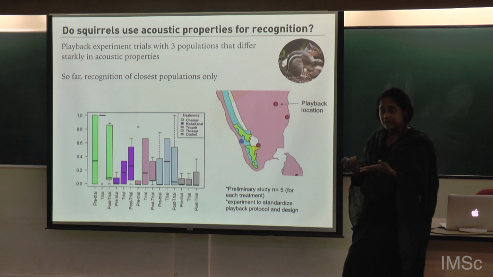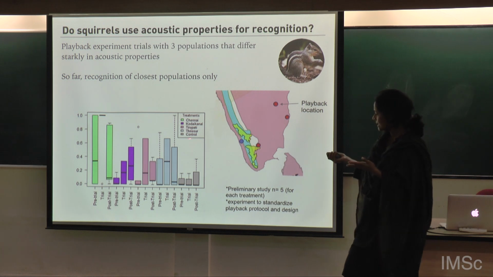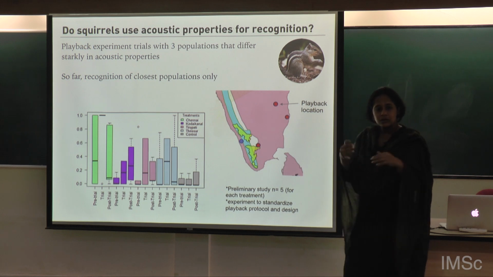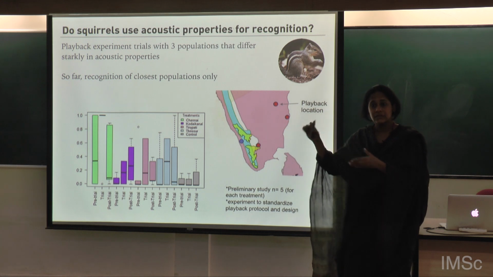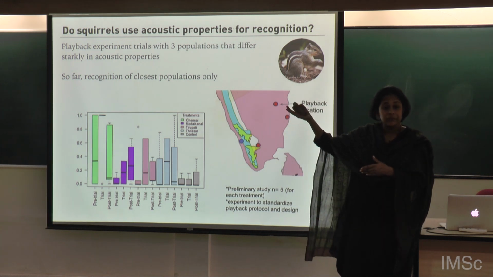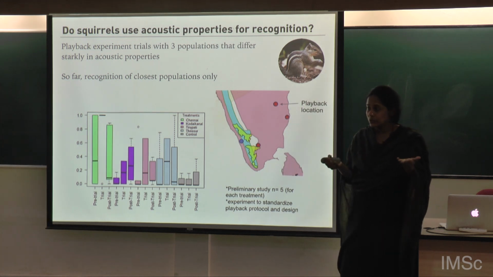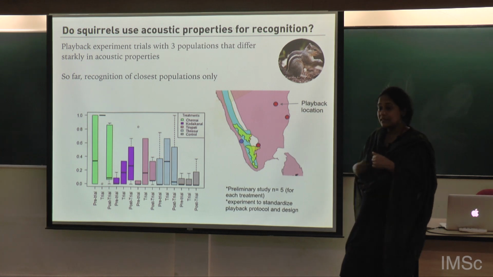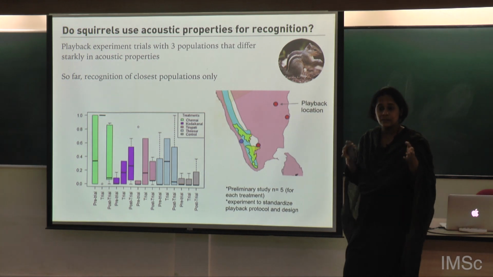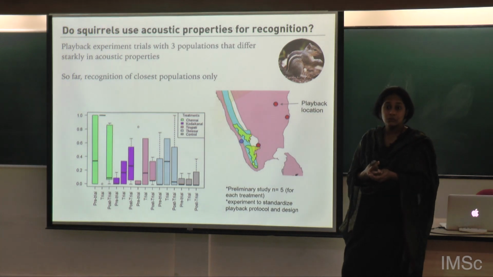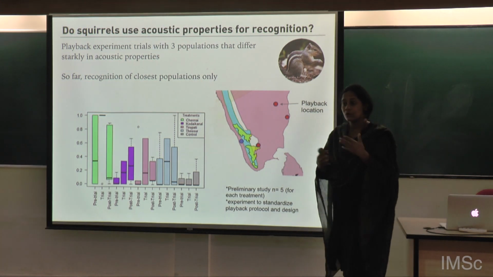We did some playback, again in 3 sites, where we played back the call from that location, and 3 other locations, and from a second species, right? And the short summary is that we find that they only seem to recognize their own species, and they best recognize individuals from the same location. So there are strong signals of calling.